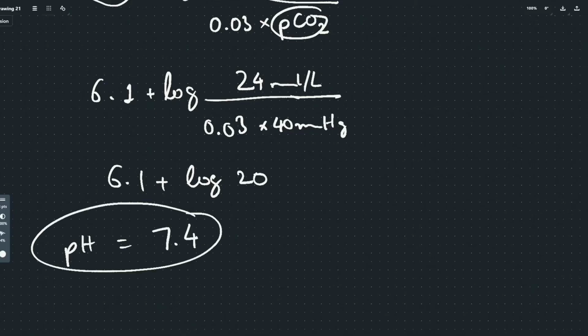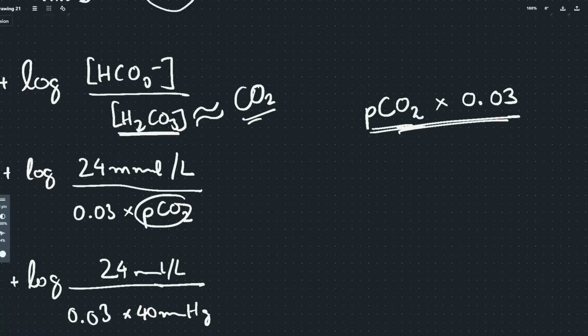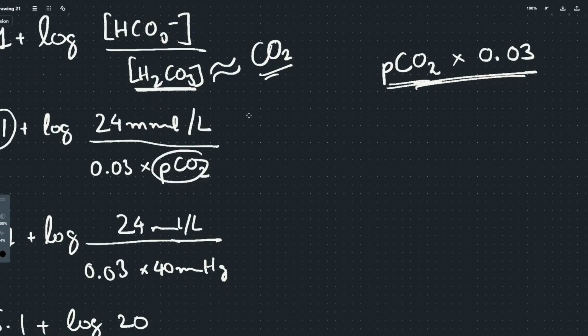So this was about the bicarbonate carbonic acid buffer system, or bicarbonate CO2 buffer system. This is a very important buffer because H2CO3 is directly corroborated with CO2 levels, and the CO2 can be exhaled outside.